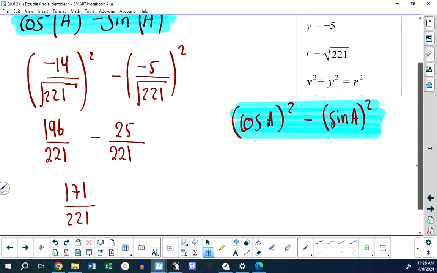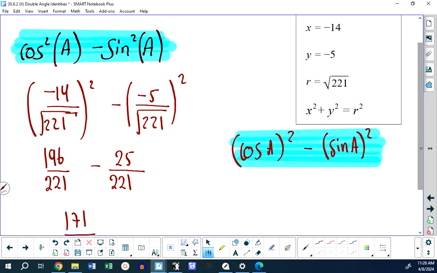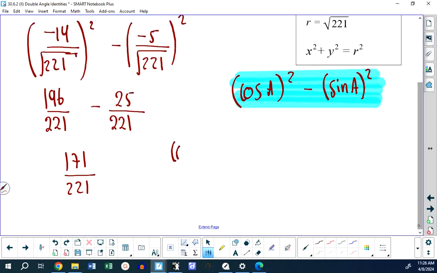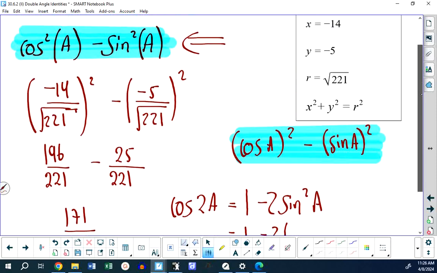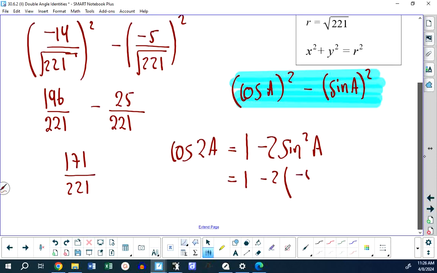Oh, I wanted to do one other thing. This is not the only way to do the problem, because cosine of 2a is also equal to 1 minus 2 sine squared a, isn't it? So we could have said 1 minus 2 times negative 5 over root 221, squared.